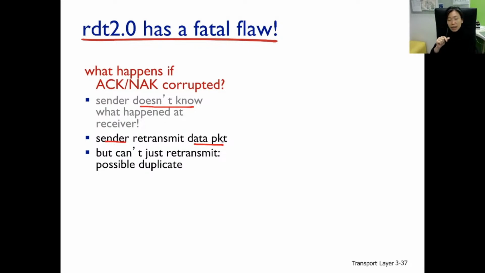Would that work? If the corrupted ACK/NAK is a NAK, then hey, this addressed the issue, isn't it? If the corrupted feedback is an ACK, then this actually creates duplicates, so the receiver side might have duplicate data.